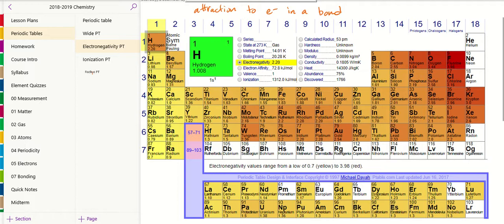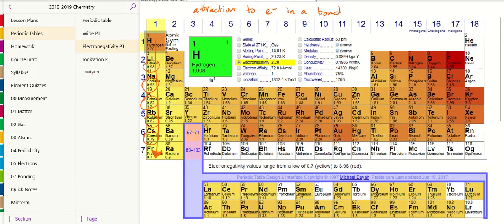All right. So as we go down a group, what happens to electronegativity? Shielding increases. So what happens to electronegativity? Just look at the diagram. It goes from 0.98 to 0.93 to 0.82 to 0.82 to 0.79 to 0.7.